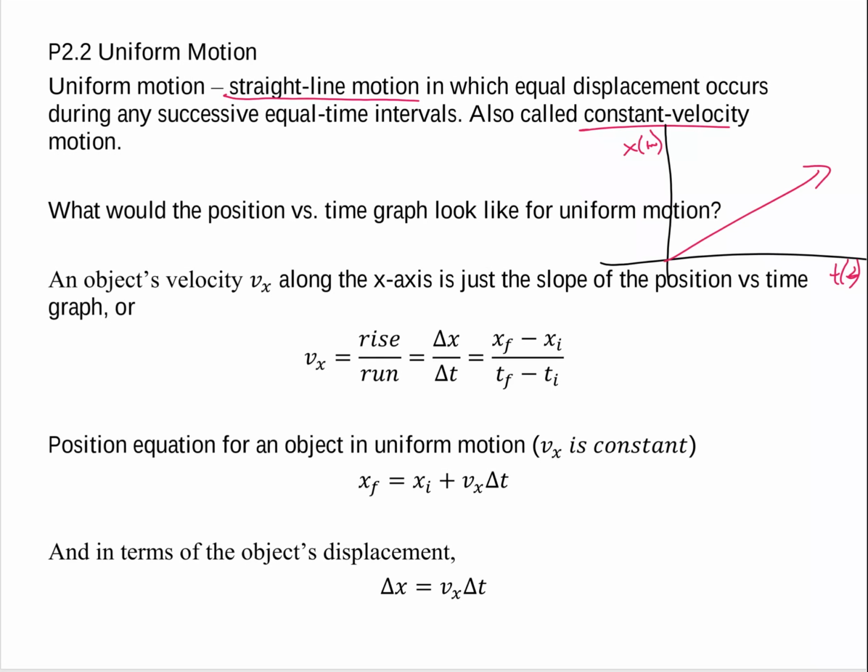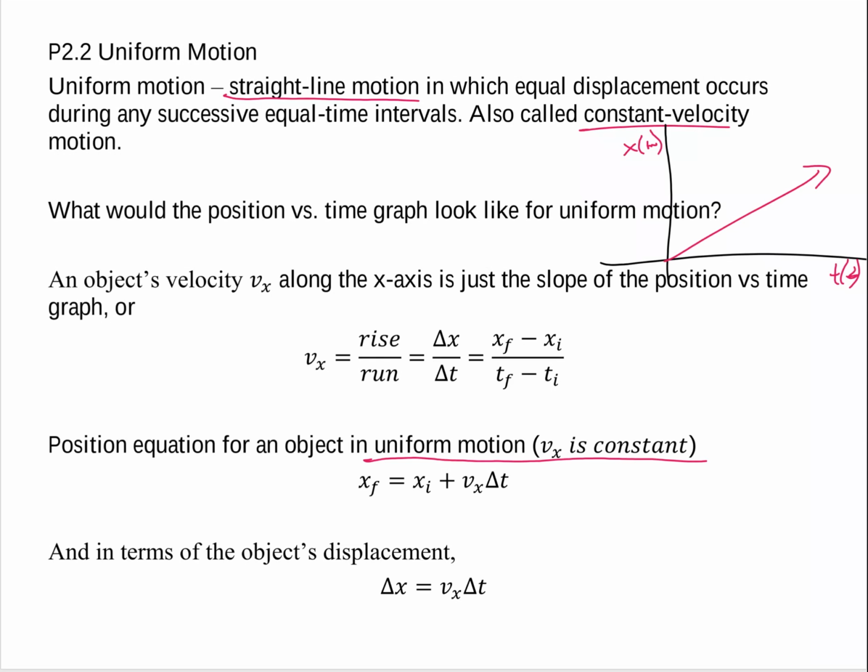So v sub x will be the rise over run on that graph, or delta x over delta t, x sub f minus x sub i over t sub f minus t sub i. All of those things we've already seen. The position equation then for an object in uniform motion. In uniform motion, remember the velocity in the x direction is constant if we're moving in the x direction. If we're moving in the y direction, it's the same idea.